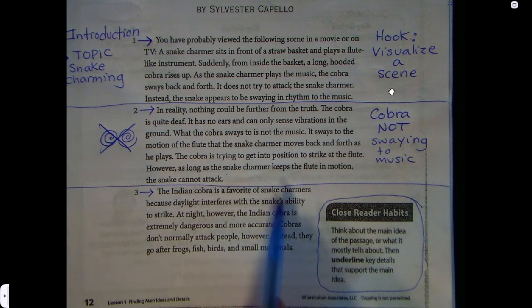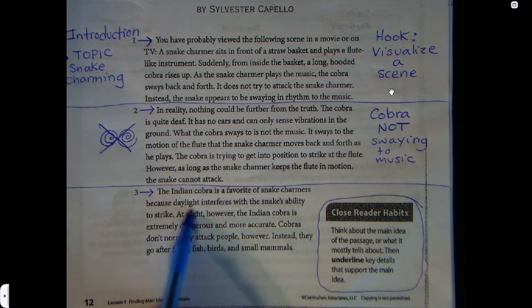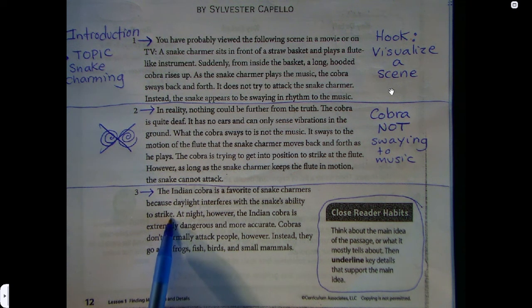What do you think the author wanted me to learn from this right here? It seems to be saying a lot about attacking and striking. What about attacking and striking? Well, the Indian cobra is a favorite because it's not very good at striking in the daytime, but you've got to be careful at night.